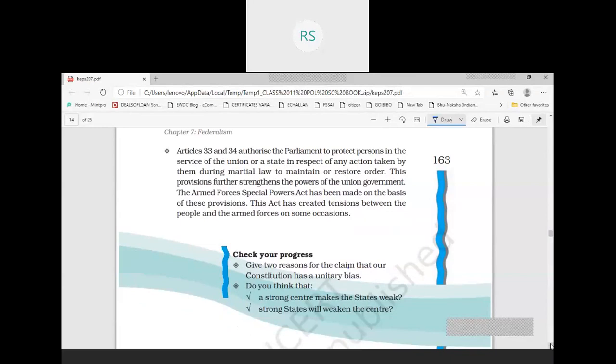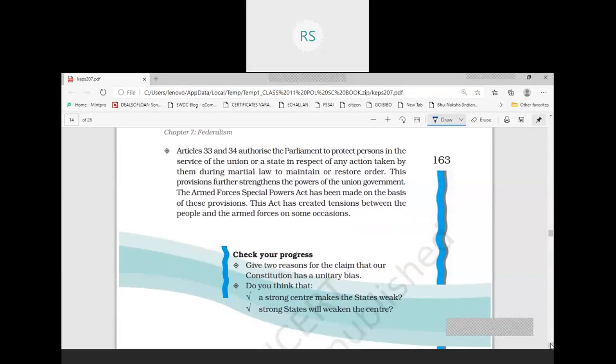They should not be given the right to demonstration or strike or to form associations or unions. Then there will be a lot of indiscipline, and it will harm the national interest also. So the right to restrict the fundamental rights of the armed forces and police is given to the parliament. State legislatures have nothing to do in this regard.